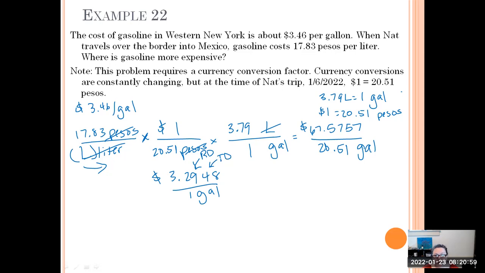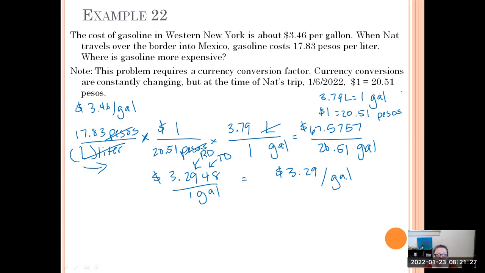If the test digit is greater than 4, then you would add 1 to your rounding digit. But in this case, it's not greater than 4, it is 4, so it doesn't affect the 9 whatsoever. So our answer is $3.29 per gallon.